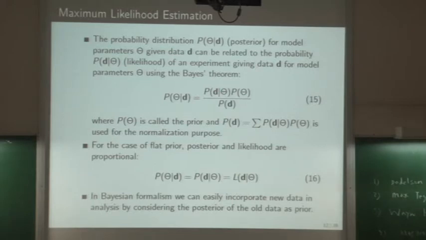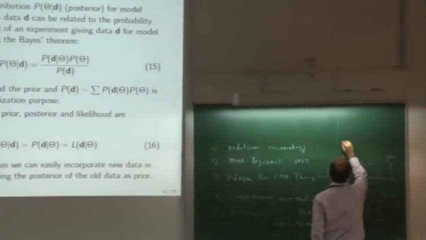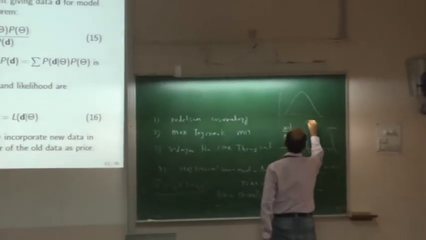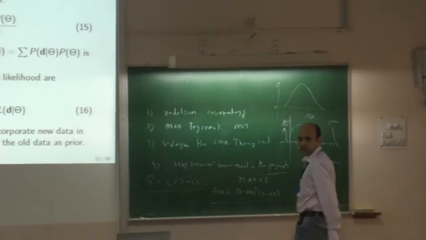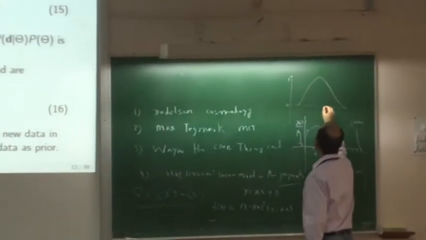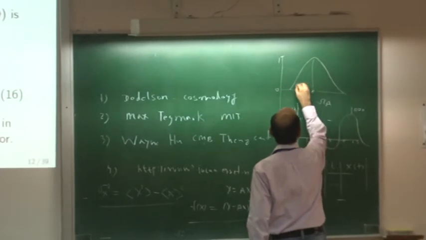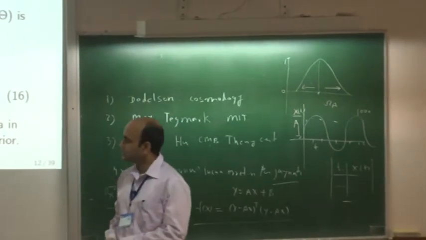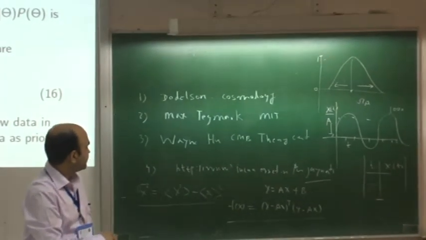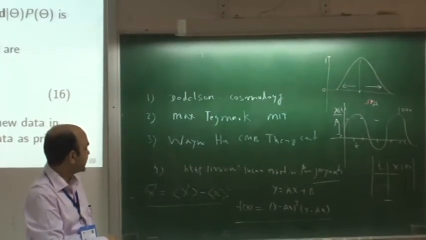So what are we interested in? We are interested in probability distributions for parameters. It is a probability distribution, so it will go from 0 to 1. For every cosmological parameter of the lambda CDM model, like omega lambda, we want to find out this probability distribution.